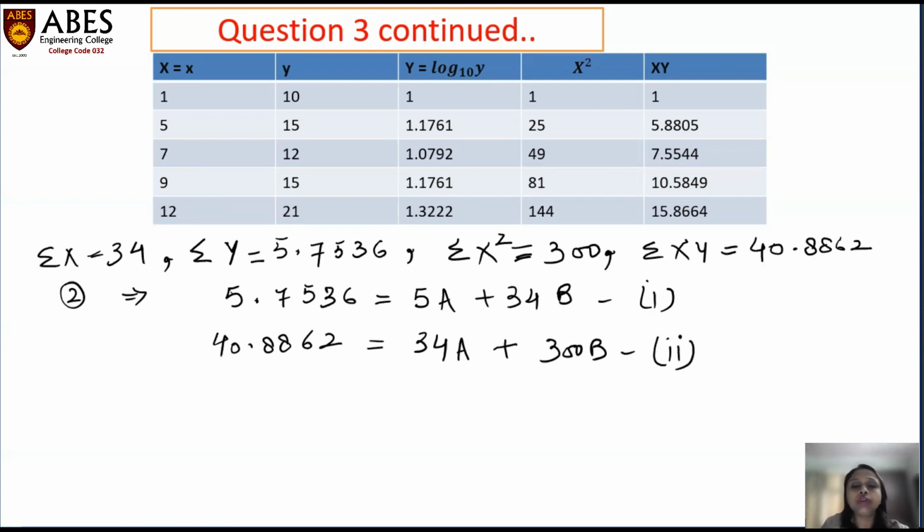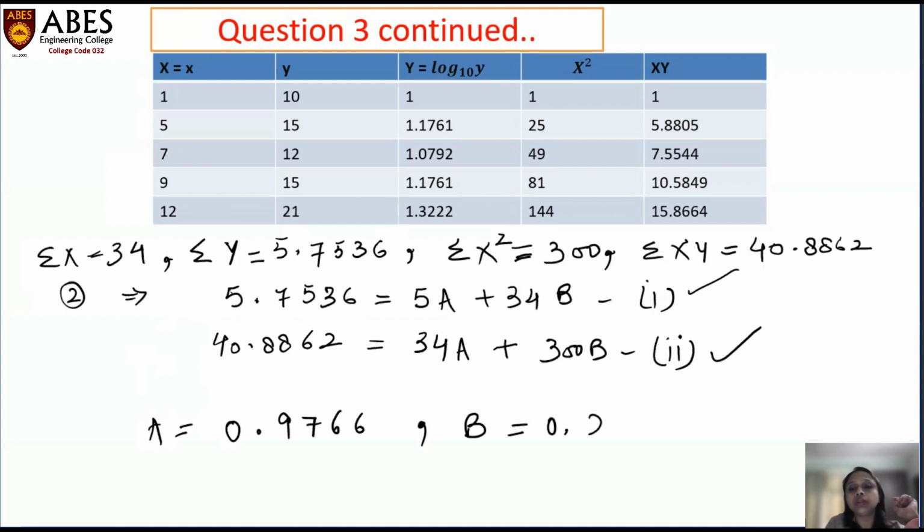So we can solve equation number first and second by adding or subtracting the equations after multiplying by suitable terms. On solving them, we will get capital A as 0.9766 and capital B as 0.02561.